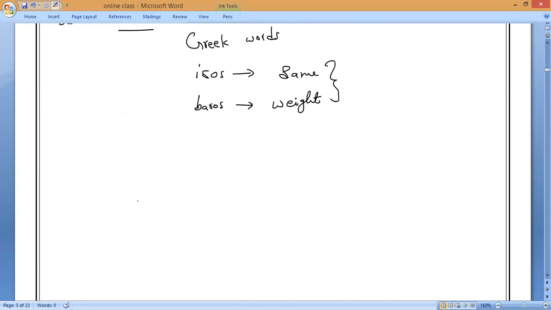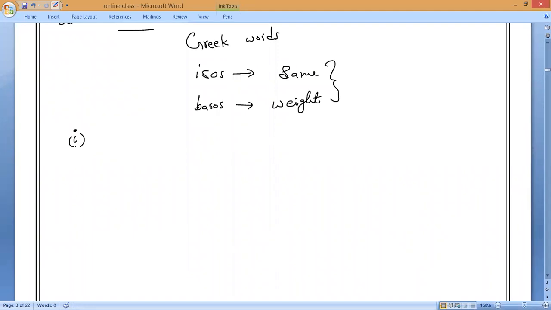Okay, so please write. Next, now you tell me. We know isotopes have the same chemical properties, but the physical properties are not the same. I am asking about chemical and physical properties.